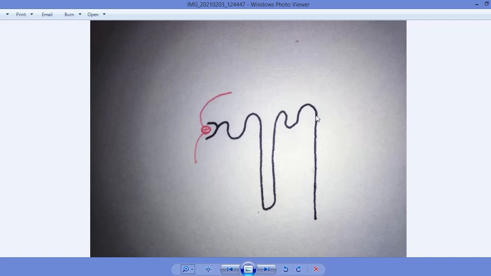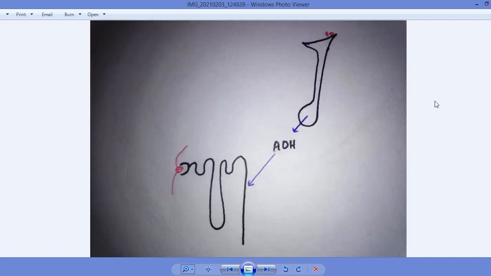We will learn about the effect of ADH, or vasopressin, on the collecting duct. The ADH, which is secreted from the posterior pituitary gland upon the stimulation of the supraoptic nucleus, comes in contact with the collecting duct, and the collecting duct contains a special type of cell called principal cells.